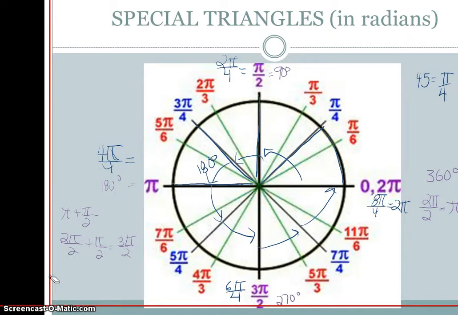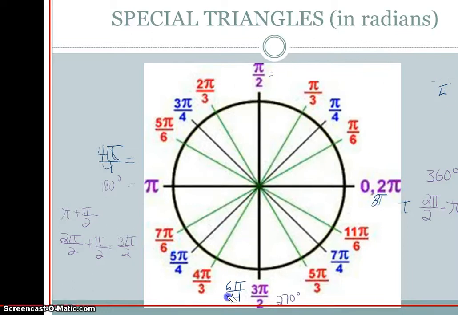So let's go ahead and look at our 60-degree angles and our 30-degree angles. Let's erase this.